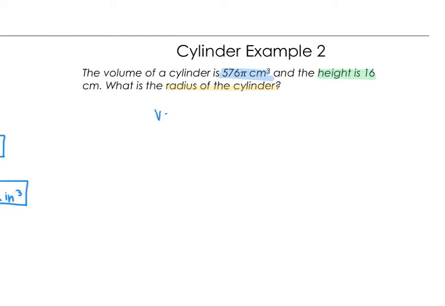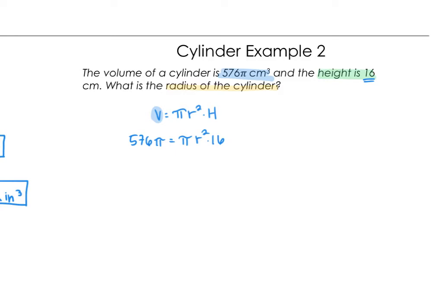So volume of a cylinder is pi r squared times the height. And now we're just going to plug in what we know. We know the volume, which is 576 pi. We don't know the radius, that's what we're trying to find, but we do know the height. So that's 16.